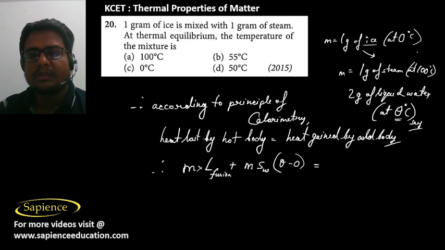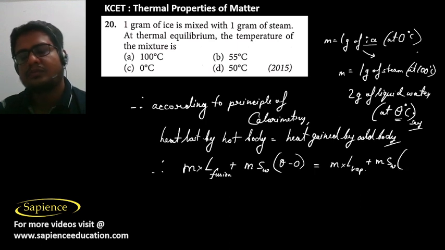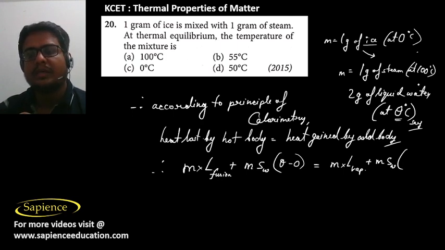That is equal to the heat lost by the steam. So first it will lose the latent heat of vaporization, that is m into latent heat of vaporization, plus m into specific heat of water into the decrease in temperature.